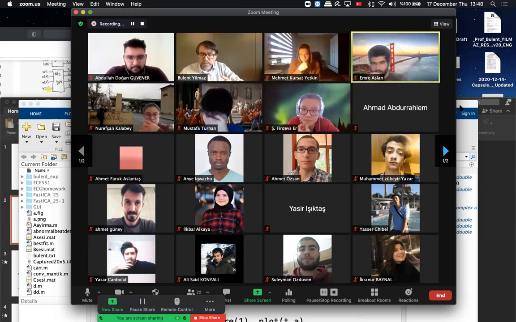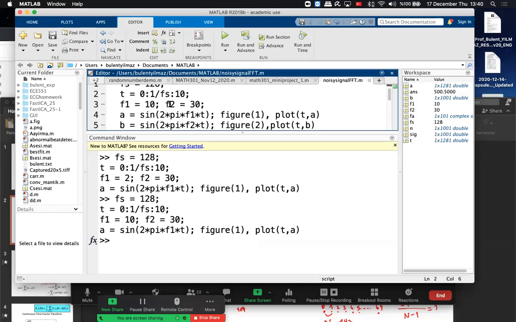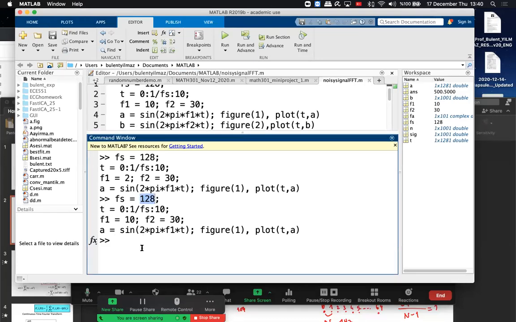And o yüzden if I'm interested in an Fs of 128, I should say FA is equal to FFT of A, 129. And if I put absolute value here, now I will have FA values 129.